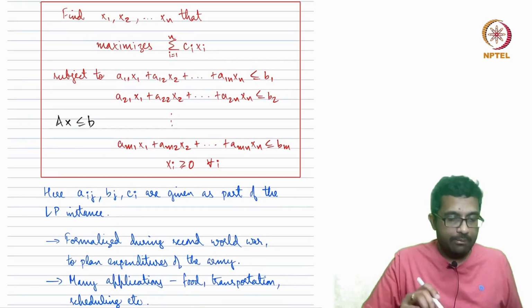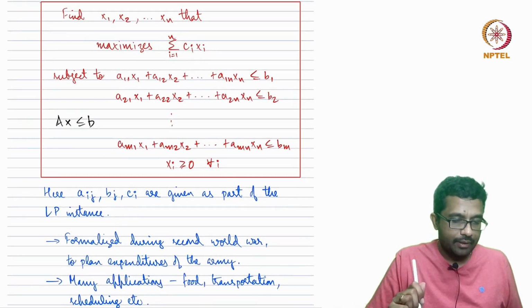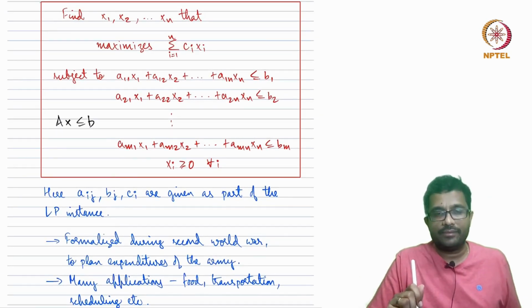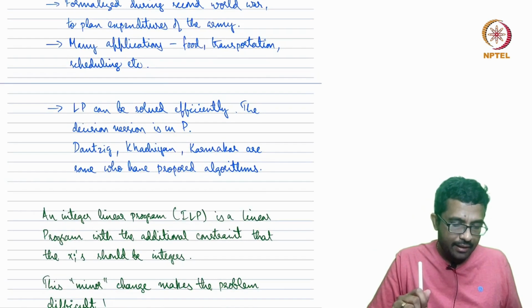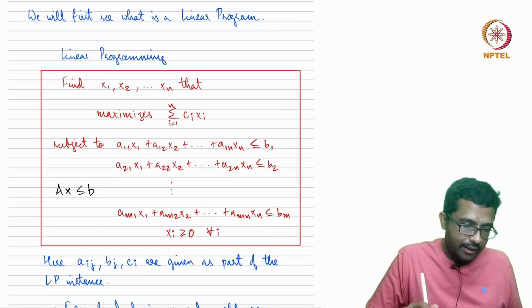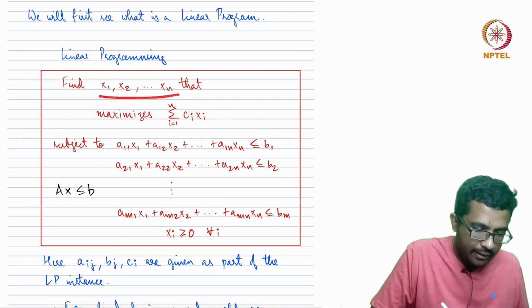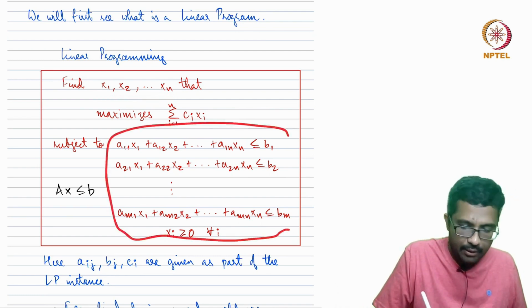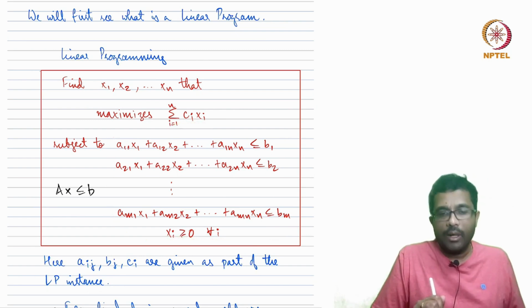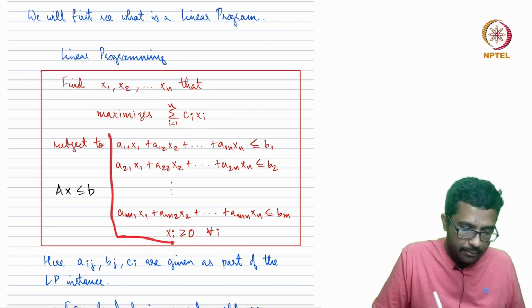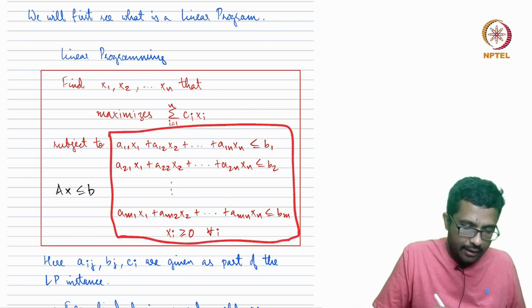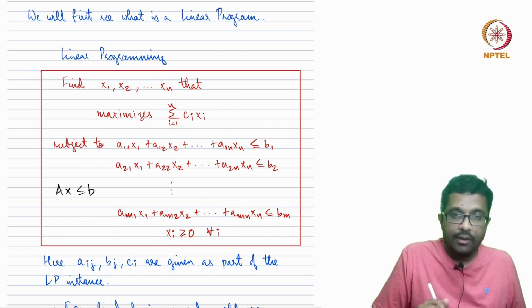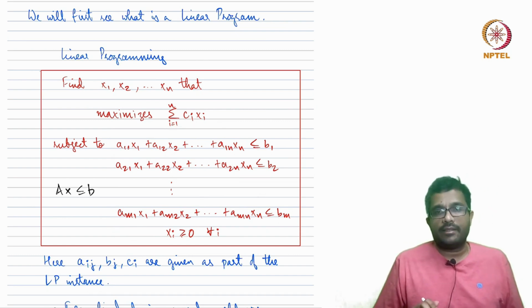However, if we make a very small change to the setup, this problem becomes hard, right? So what is the change? Here I don't have any constraint on xi except the constraints that are defined by these inequalities. Now, in addition to these inequalities, I impose a new constraint, and the constraint is that all the xi have to be integers, right?